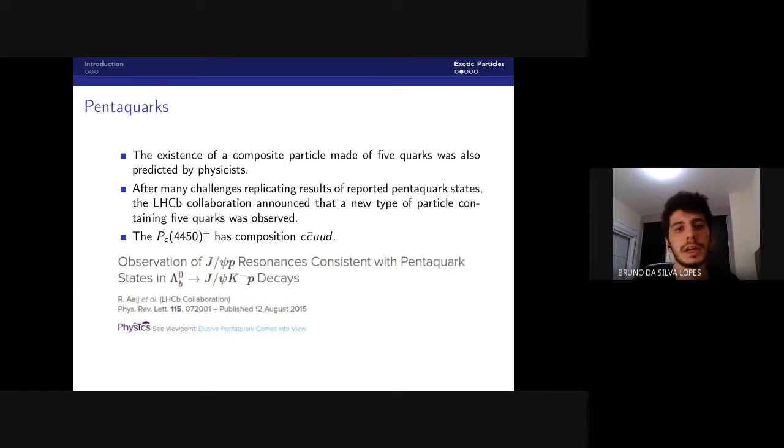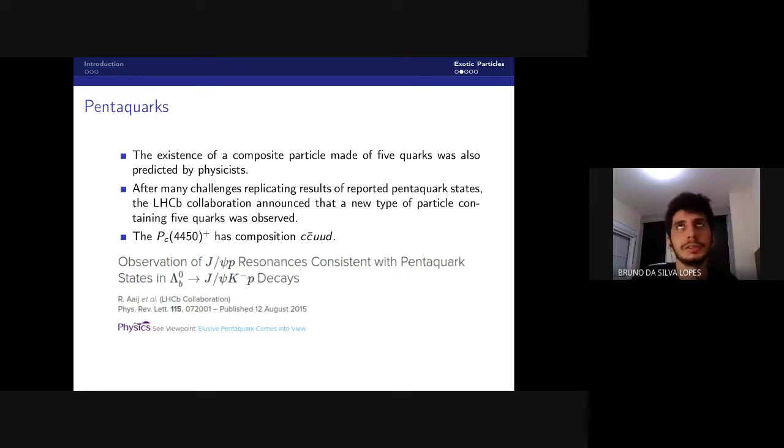And there's another type of exotic particles, and those are called the pentaquarks. So similar to tetraquarks, pentaquarks are a composite particle now made of 5 quarks, and it was also predicted, but it was much more difficult to detect in experiment. I didn't put the year, sorry.